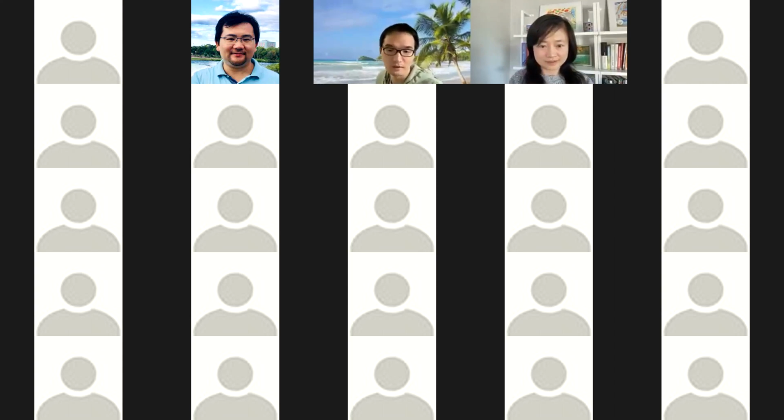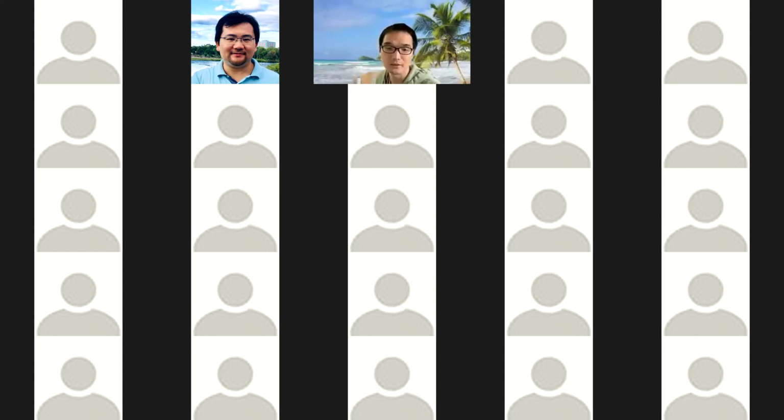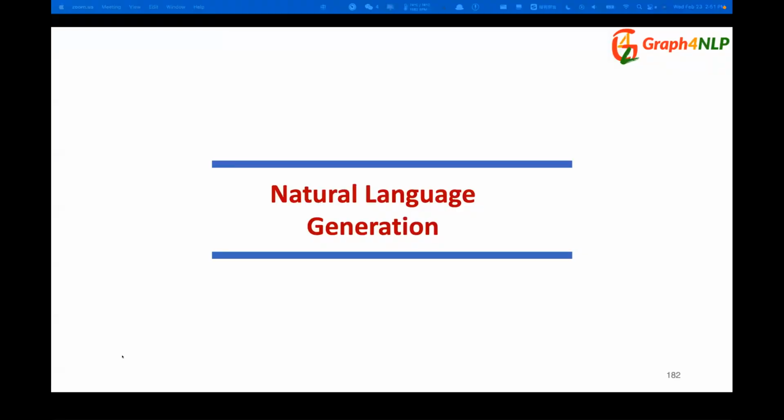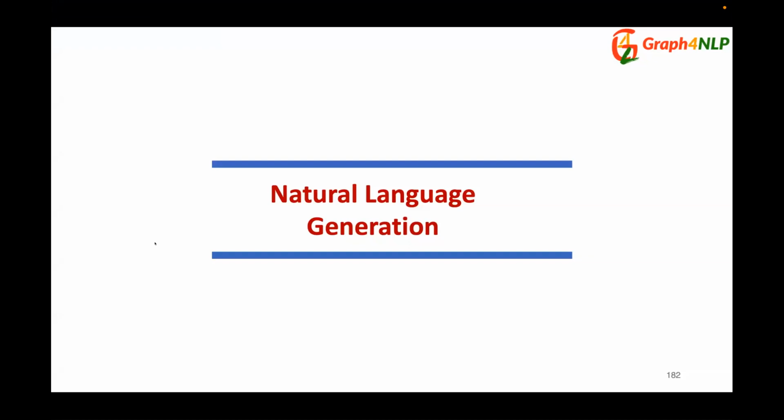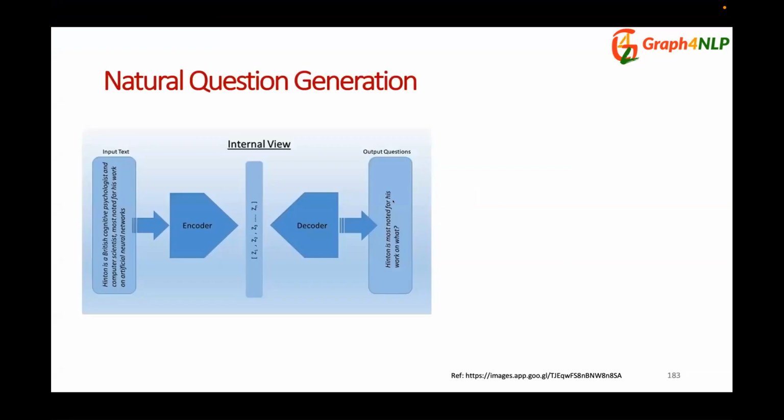Yeah, thanks, Yunyao. Let me first share my screen. Okay, so in this part, I will talk about some interesting applications of graph neural networks in natural language generation tasks. The first application I will be talking about is natural question generation.